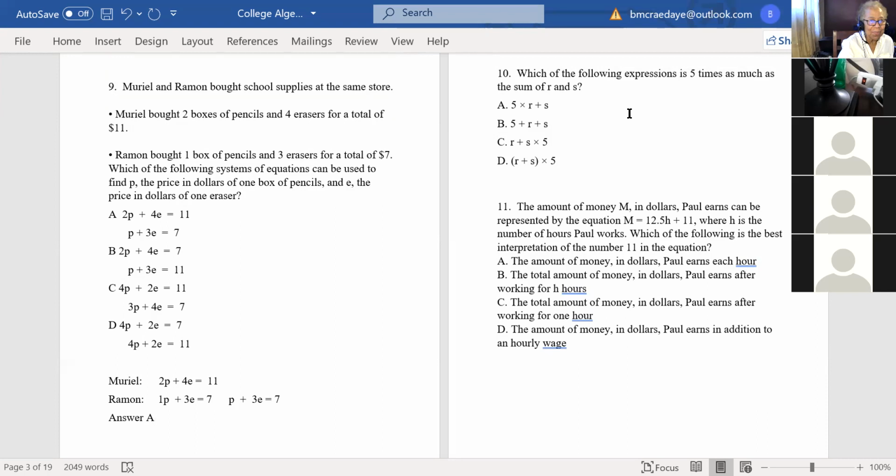I said D. Which one would you say, Chastity? 5 times as much as the sum of R and S. Sum means add, 5 times means multiply. It's A. I changed my answer. A.